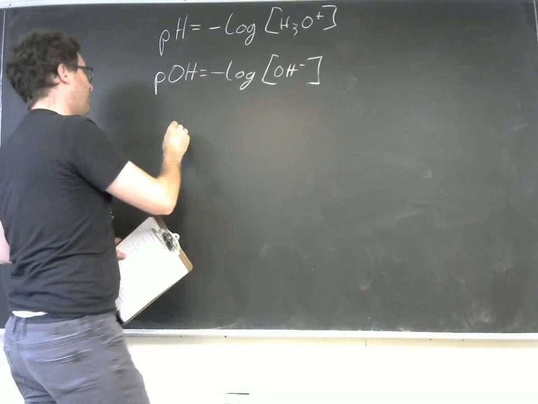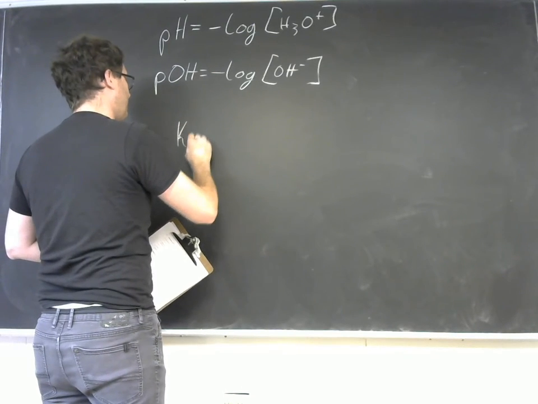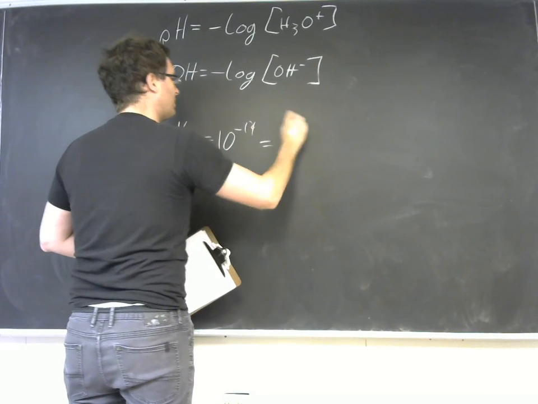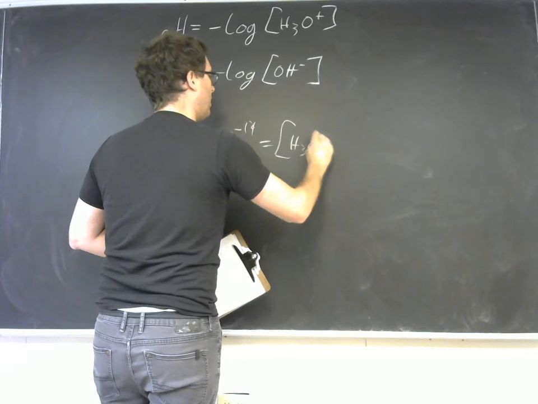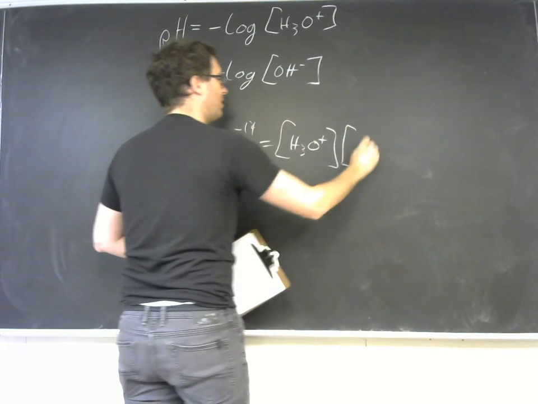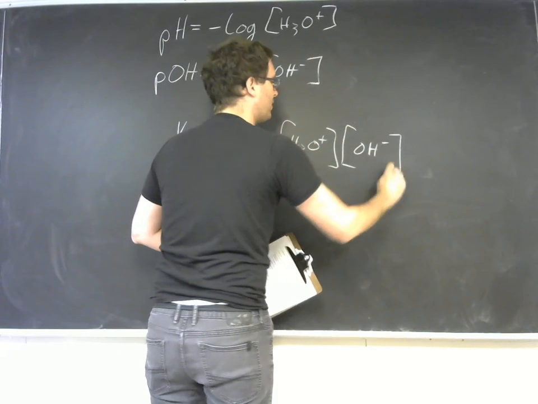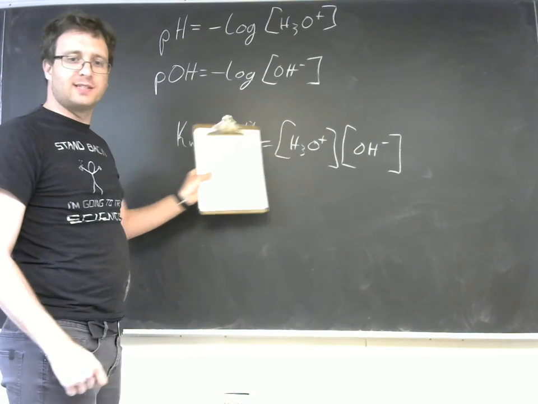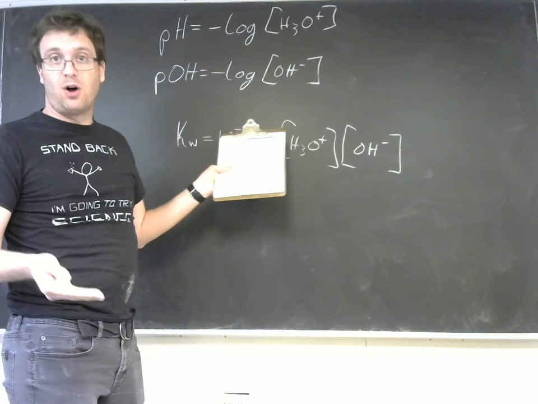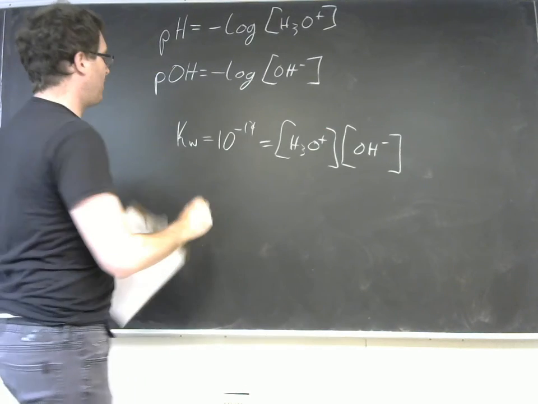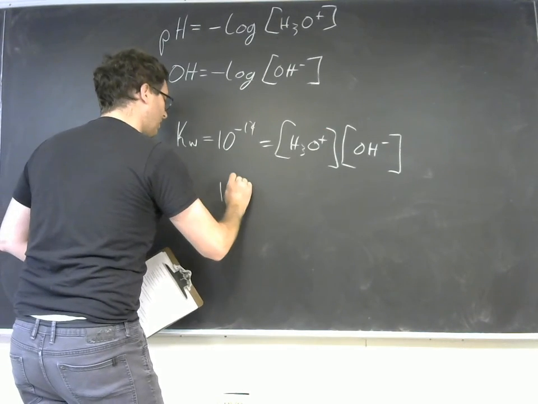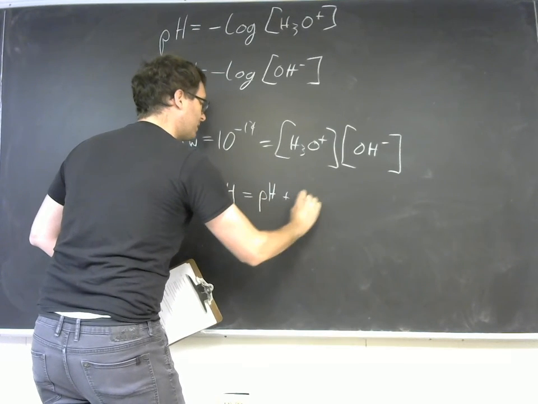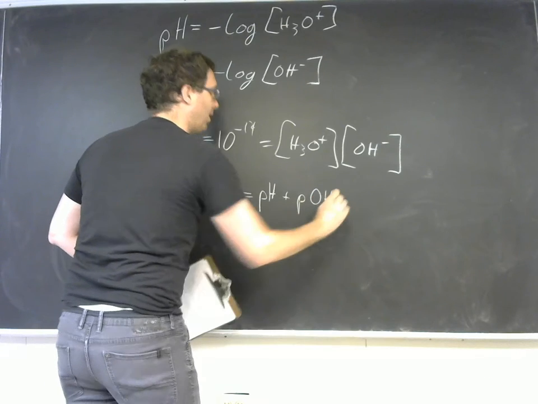Now if I take that Kw, that's 10 to the negative 14th, and that is equal to the H3O+ concentration times the OH- concentration. If I take the negative log of both sides here, then what I'm going to get is that 14 is equal to the pH plus the pOH.